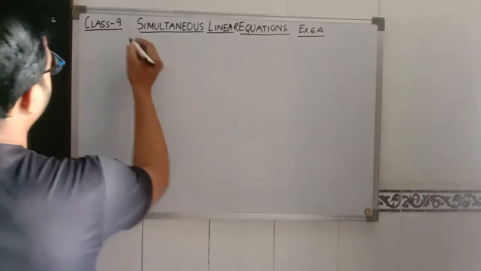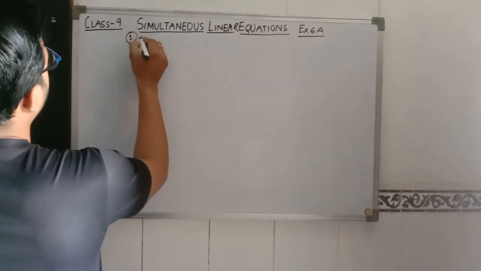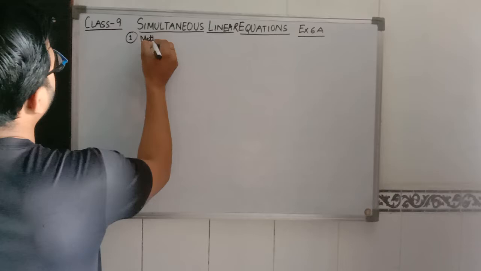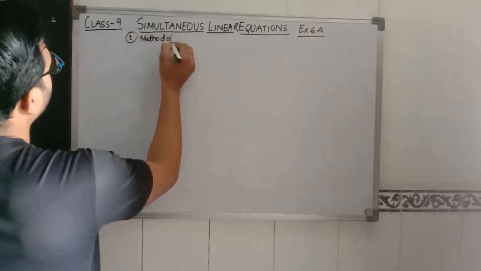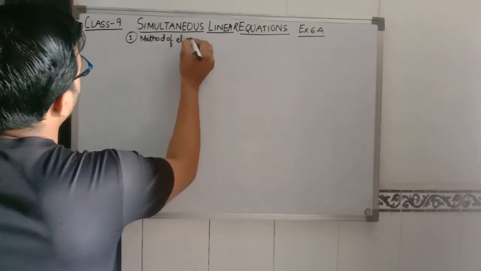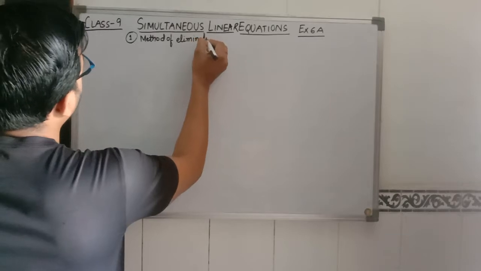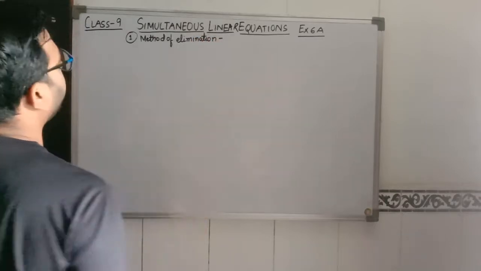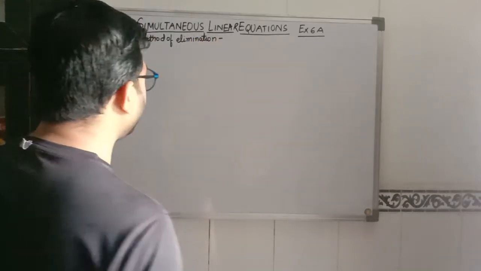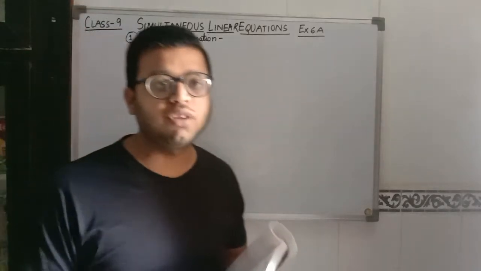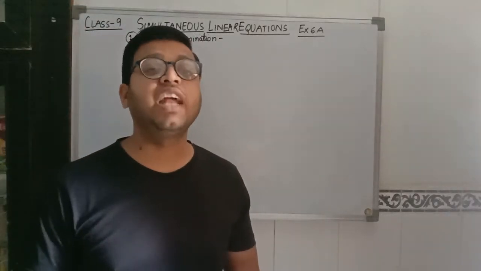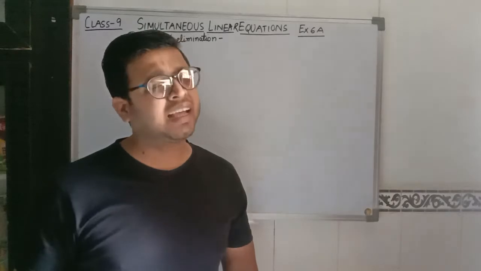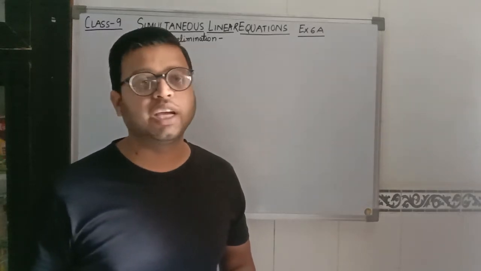Elimination method. The first method is given in the book accordingly: method of elimination. In this book, the first exercise is on the basis of the method of elimination. So what is the method of elimination? Elimination means we have to eliminate one of the variables, like x and y present in both the equations.